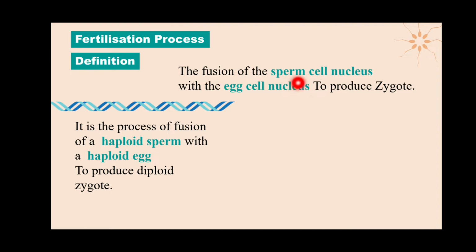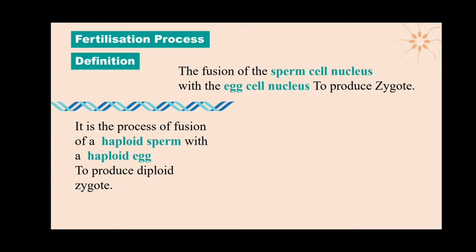Instead of sperm cell nucleus and egg cell nucleus, you can also use haploid sperm and haploid egg in defining the fertilization process. Diploid zygote is also known as oosperm.